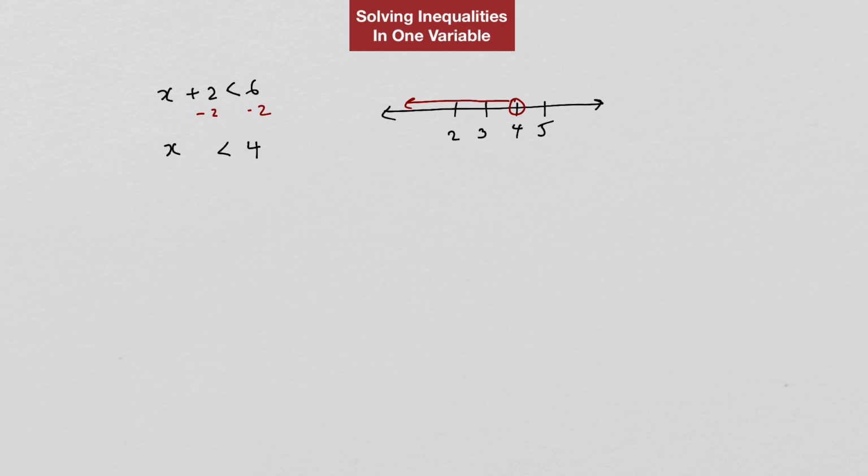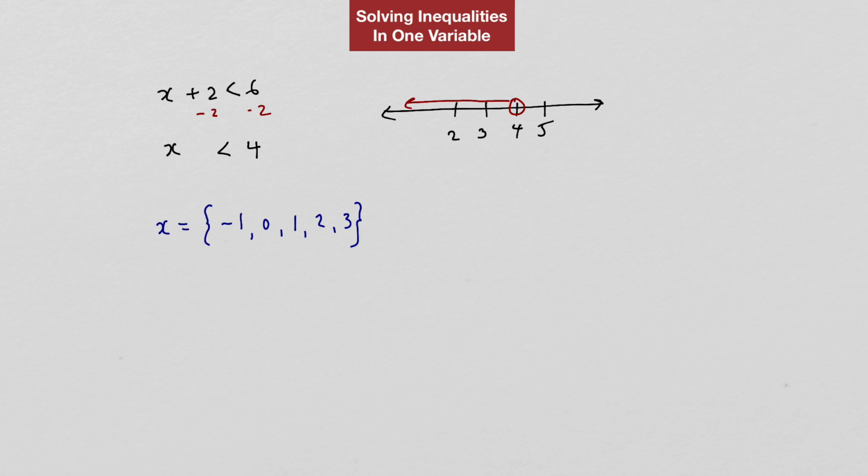Continuing on with this problem, let's say that we have a solution set: x is equal to -1, 0, 1, 2, 3. Is the solution set correct?